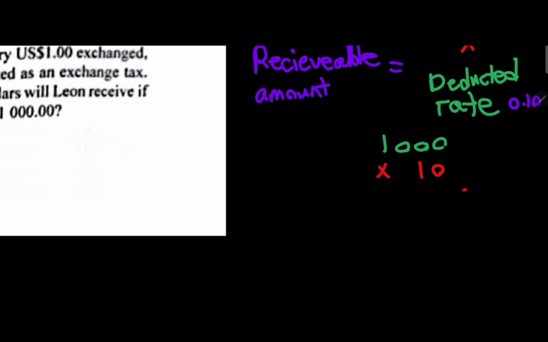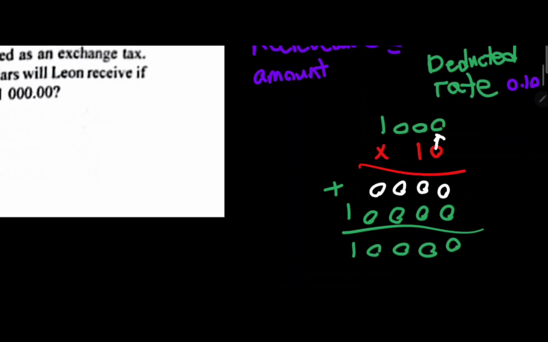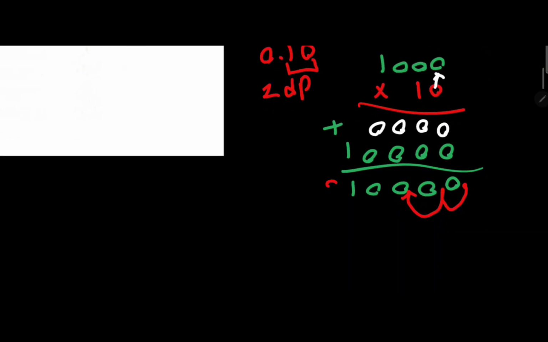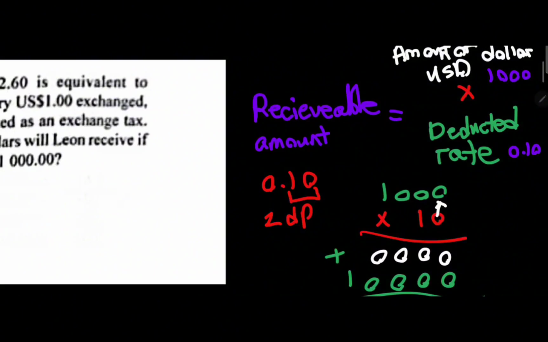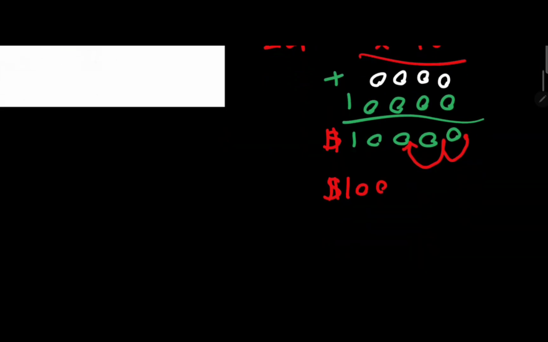So 0 multiplied by 0 is 0. 0 multiplied by 0 is 0. But then remember, in our 10 cents, we have 2 decimal places. So we need to put that back: 1, 2. So that would be 100.